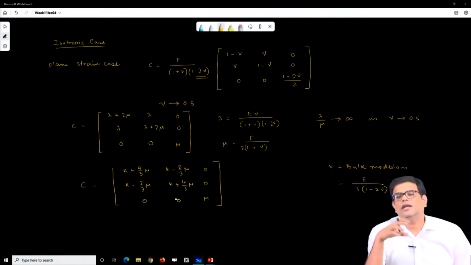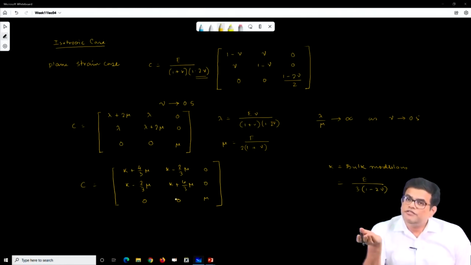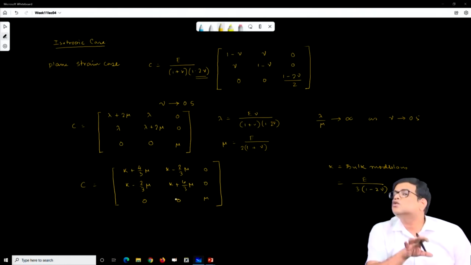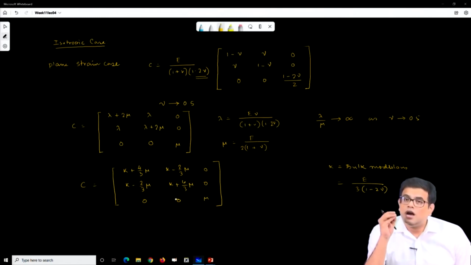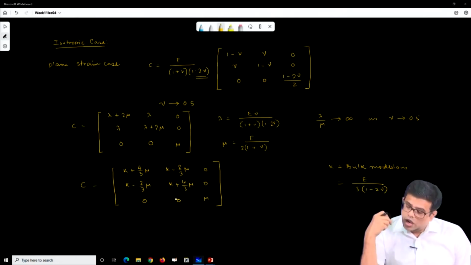If Poisson's ratio goes to 0.5, bulk modulus going to infinity means there is no considerable volumetric deformation in the body. For instance, rubber or other polymers or soft tissues behave like incompressible material.